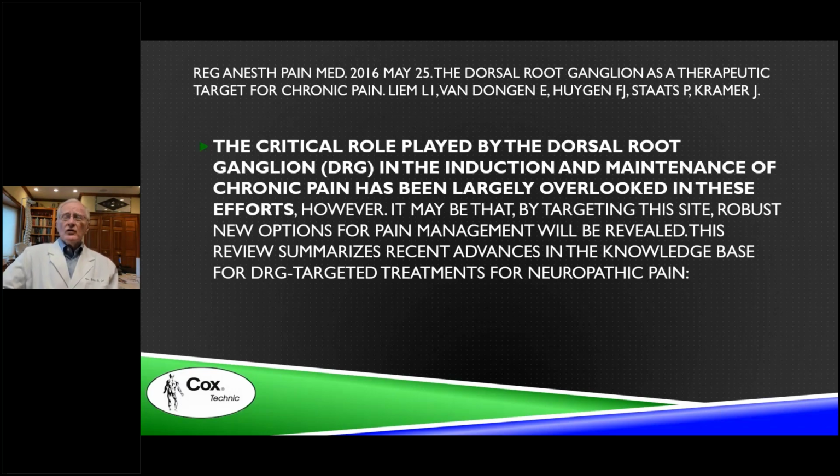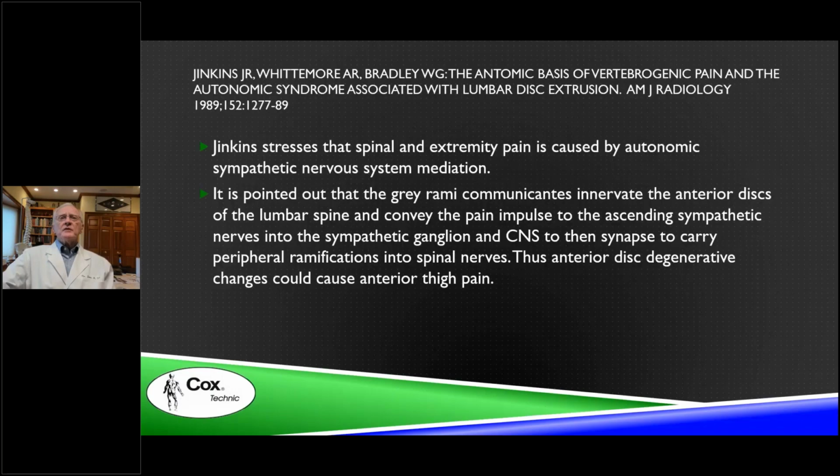We're going to look more closely at chemical inflammation of the DRG. This paper and these papers, you can ferret them out if you want. But this one was the original paper by Jenkins et al. And get the point.